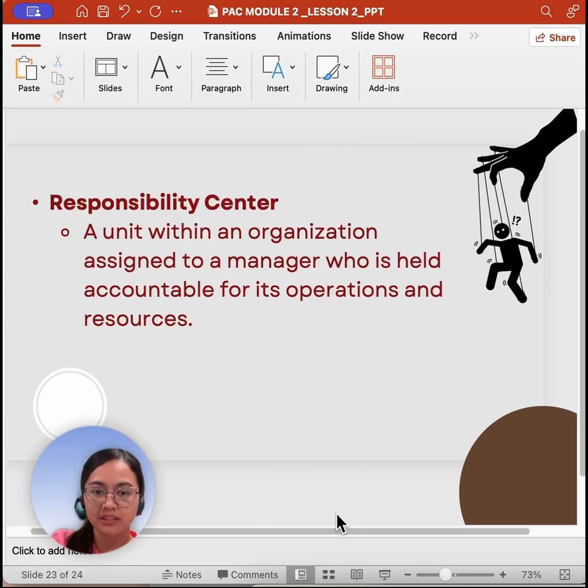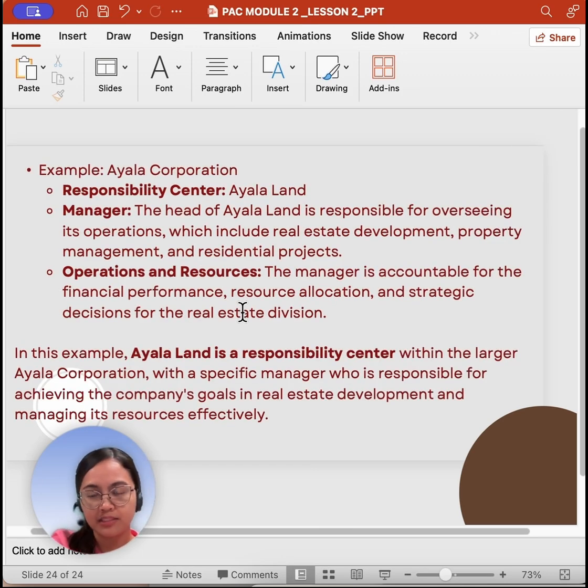Next is responsibility center. This is a unit within an organization assigned to a manager who is held accountable for its operation and resources. Example, Ayala Corporation. Ayala Corporation comprises a lot of businesses, because included in Ayala Corporation are Globe, Manila Waters, and Ayala Land.